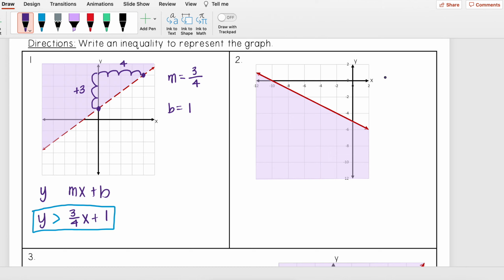So my first step is I want to figure out what my m is and what my b is, so I can write the equation of this line. So I like to always start with my y-intercept, and I see that this one is between -4 and -6. I see it's halfway between, so that means that this is going to be -5. And now since this doesn't cross evenly at a point, I want to find two other points to figure out my slope. And I see I have a point right here and a point right here.